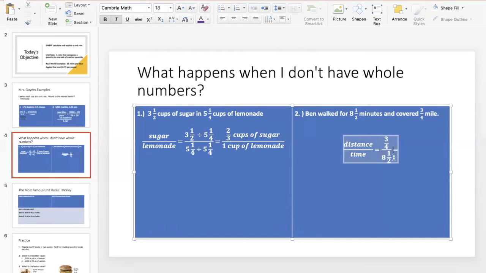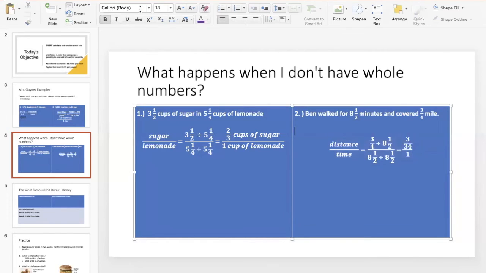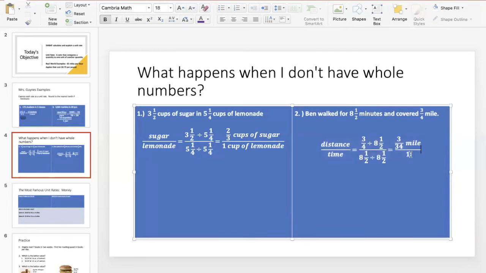Now, because I'm going to divide 8 1/2 by 8 1/2, so I get 1 in my denominator, I have to do that on the numerator as well. When I do that, 3/4 divided by 8 1/2 is 3/34. And that's going to be over 1. So that's telling me that Ben is going to walk 3/34 mile in 1 minute.